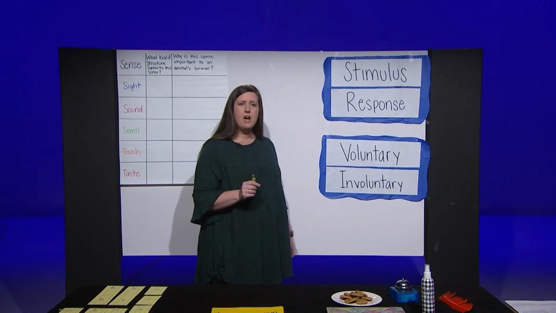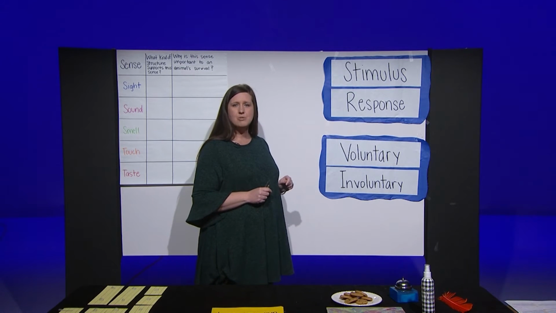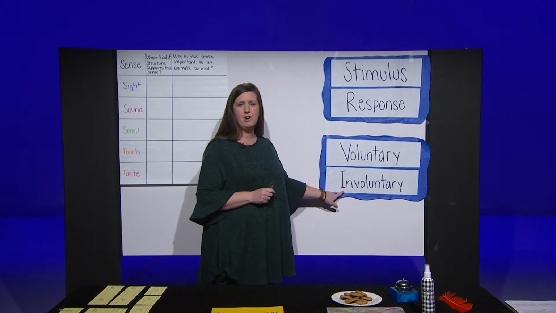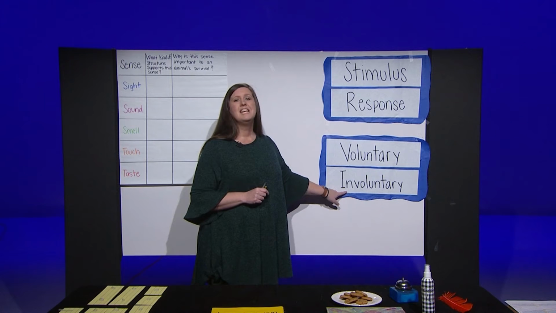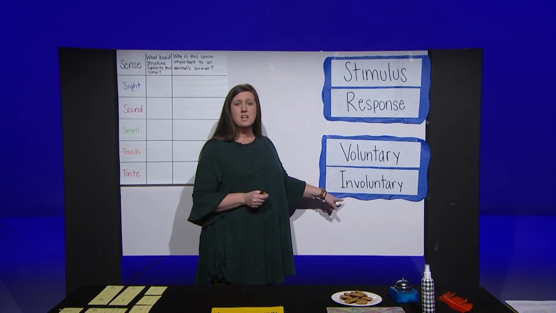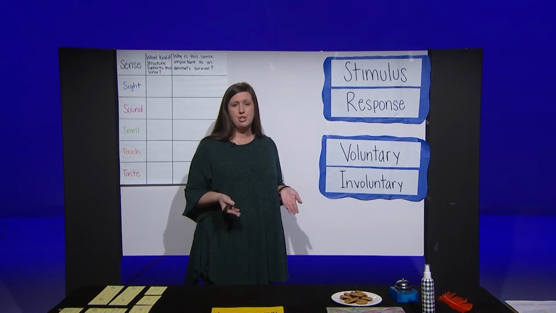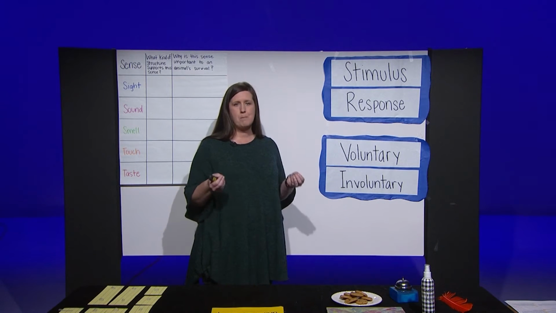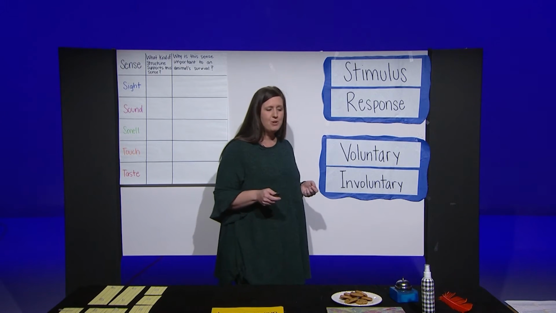Now, what do you notice about involuntary compared to voluntary? That's right. It has a prefix on the front. That prefix is in. Do you know what that prefix means? Yes. In means not. So involuntary is not voluntary, or I don't choose to do it. It's something that happens automatically. We'll read more about these in our text. Let's begin reading.